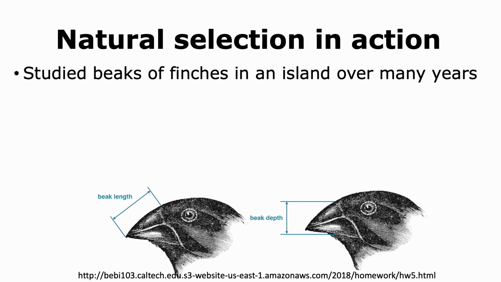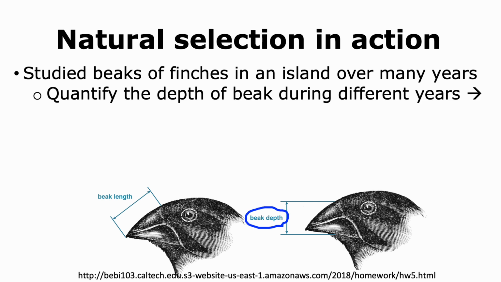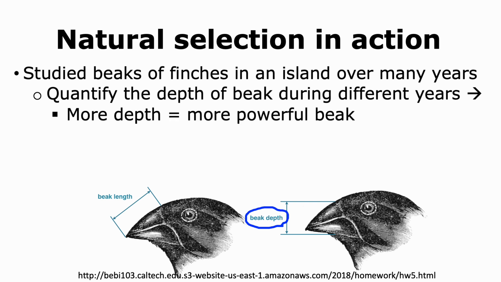The Grants studied the beaks of these finches on the island over many years. In order to study beaks, scientists can measure the length of a beak or the depth of a beak. The Grants quantified the depth of the beak during the different years, and the more depth there is in a beak, the more powerful the beak is.